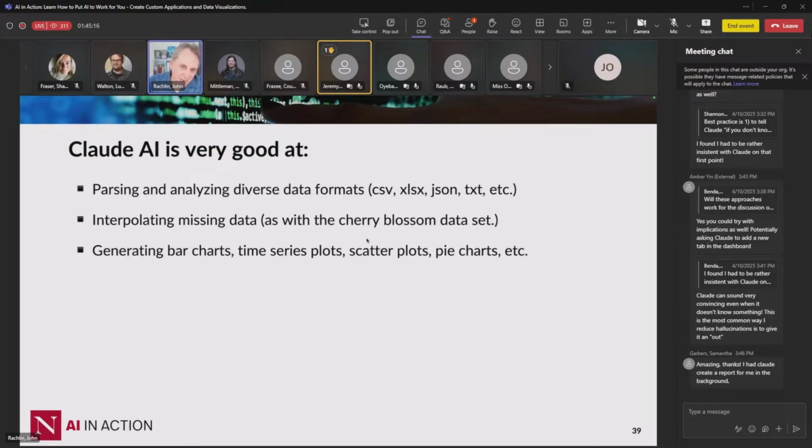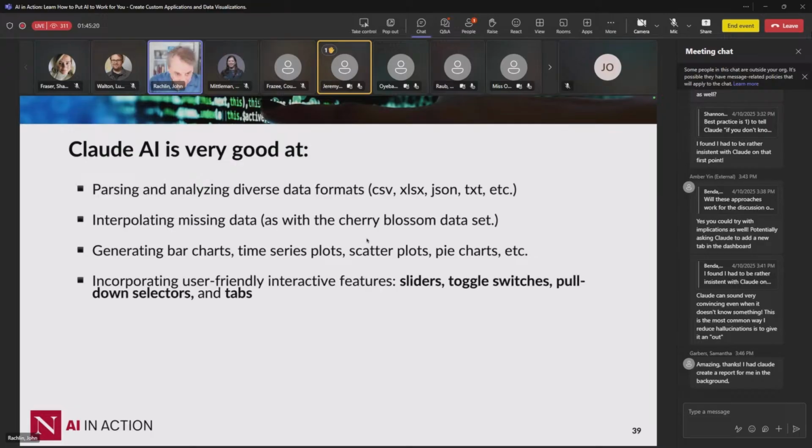Generating bar charts and time series plots and scatter plots and that sort of thing, it does quite well. And introducing interactive features like sliders, toggle switches, pull down selectors, having multiple tabs to display and render different visualizations all as part of one screen, does that beautifully.